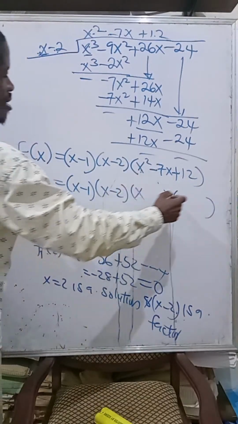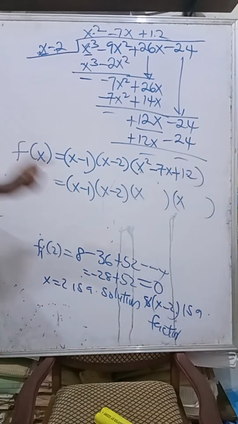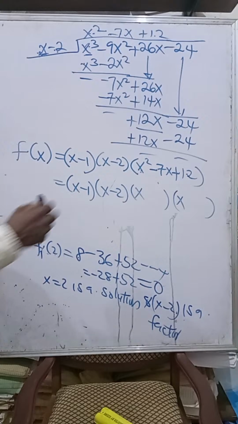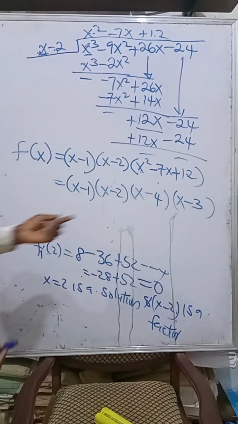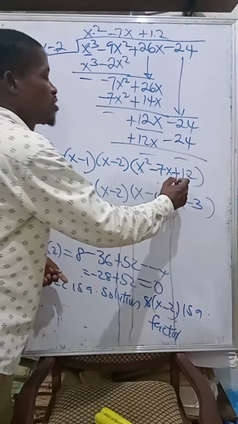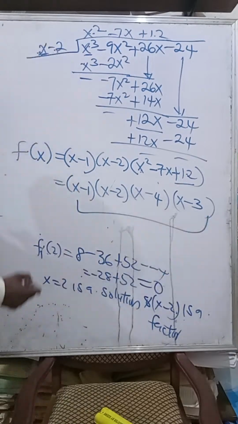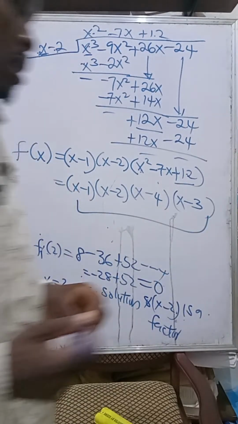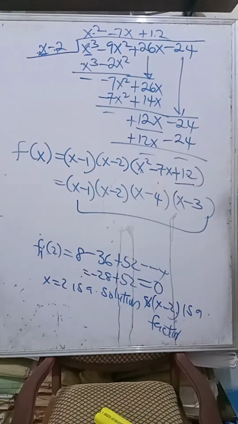So 1 here, 1 here. Factors of 12 that can generate minus 7, that will be minus 4 and minus 3. If you multiply minus 4 by minus 3, it's going to generate plus 12. So that's the solution. We have completely factorized the polynomial.